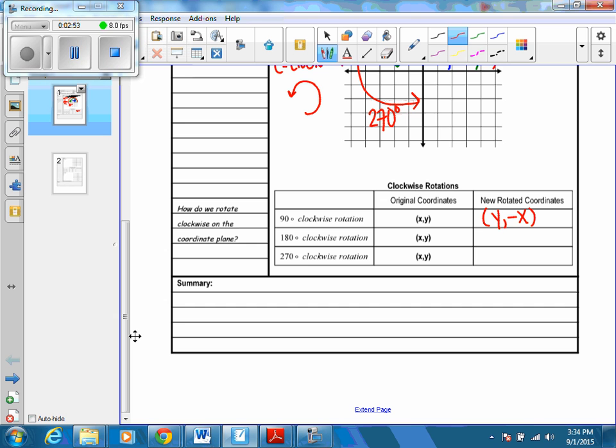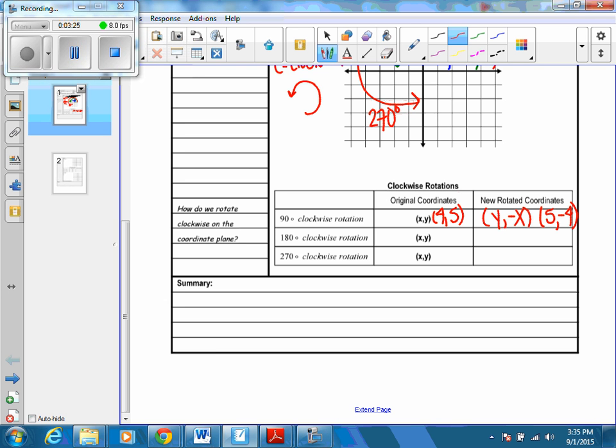So the new coordinate is y, comma, negative x. For instance, if I have 4, comma 5, the new coordinate would be 5, comma negative 4.